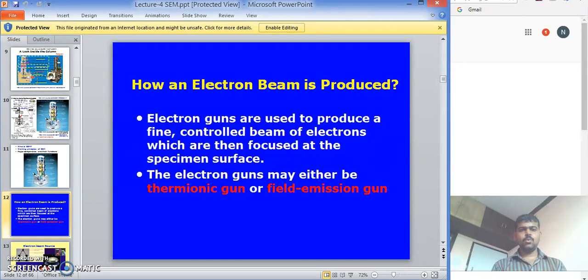Let us see how an electron beam is produced. An electron gun is used to produce a fine and controlled beam of electrons which are then focused at the specimen surface. The electron guns may either be a thermionic gun or a field emission gun.